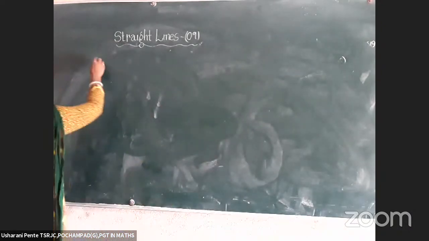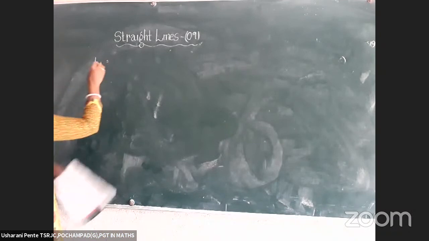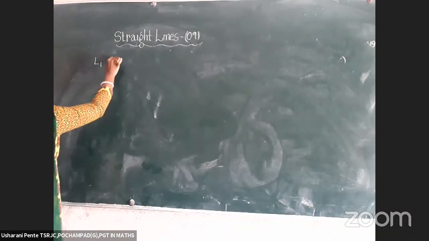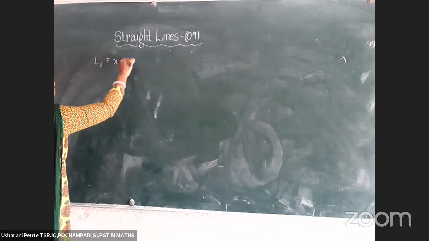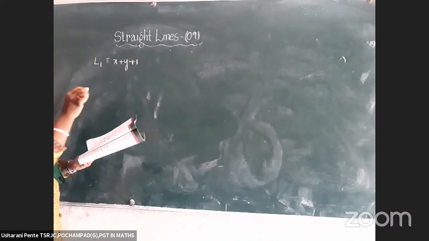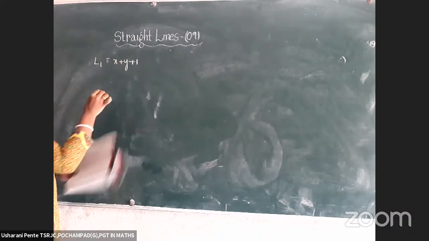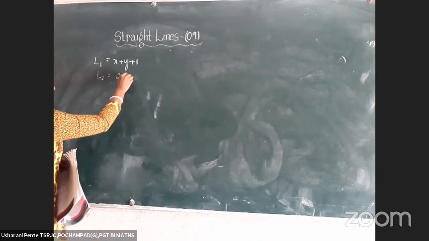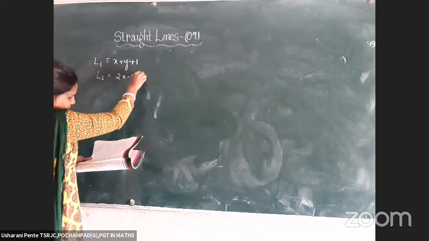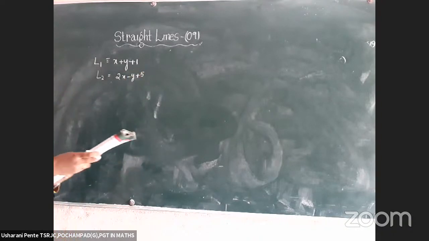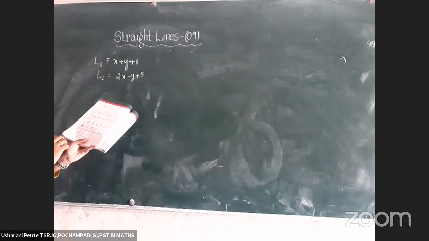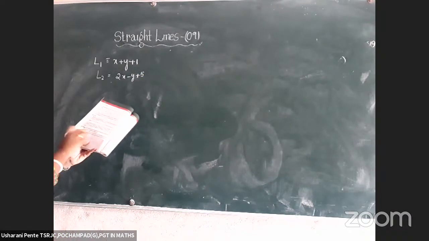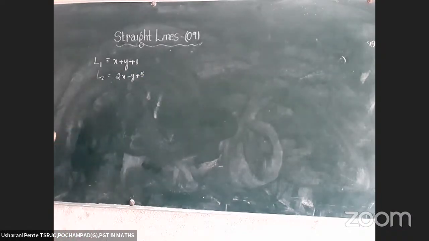They have given two lines, that is L1 is equal to x plus y plus 1 and L2 is equal to 2x minus y plus 5. And what about the line? We need to find a line such that it contains the given point.